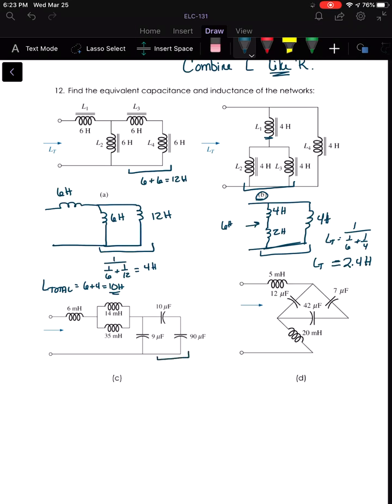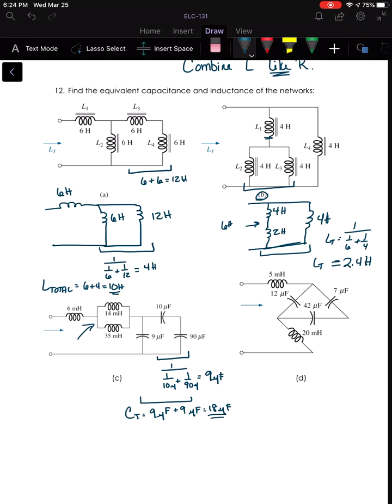So here, if we combine our capacitors in series, remember, it's like parallel resistors. So that's 9 microfarads, which we would then add. Okay, so our total capacitance is just 18 microfarads.